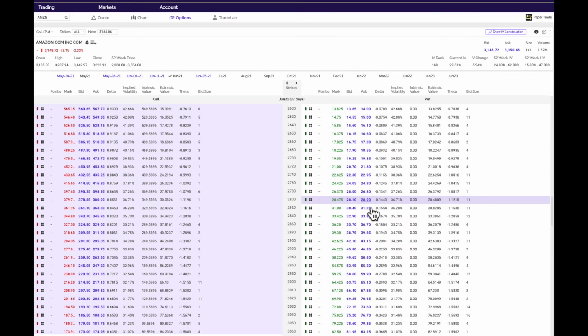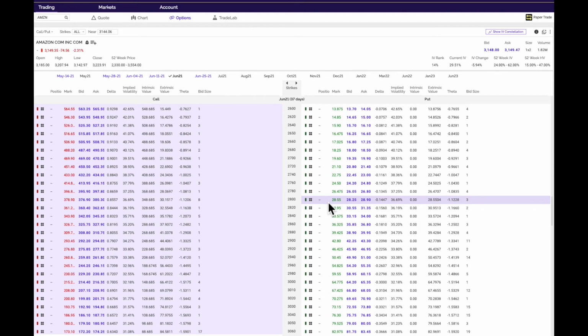So let's see what our money would be. What's the income and the return? You've got a $2,800 strike price and a $2,780 strike price. So that would be a $20 spread. If you did one contract, that's 100 shares at $20, or requires $2,000 in capital.